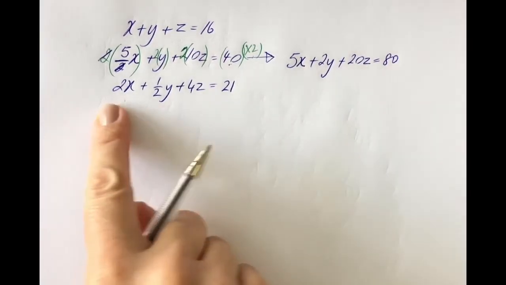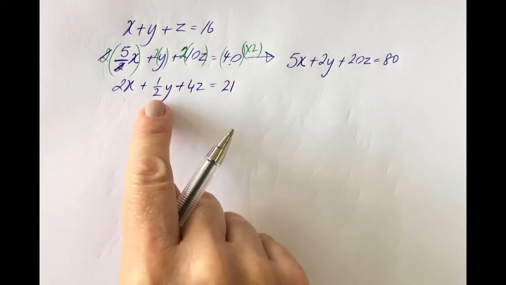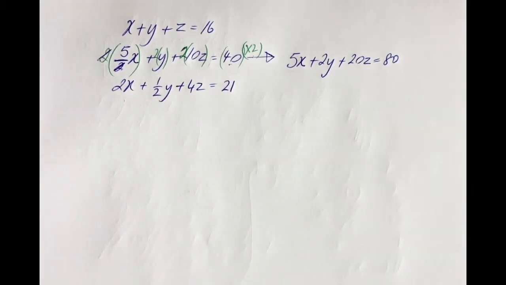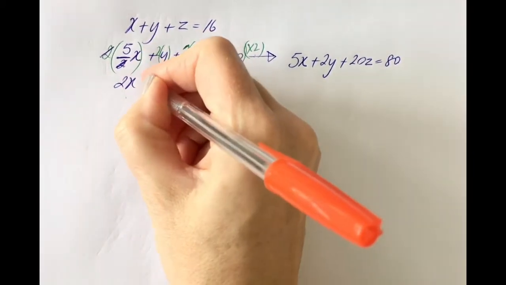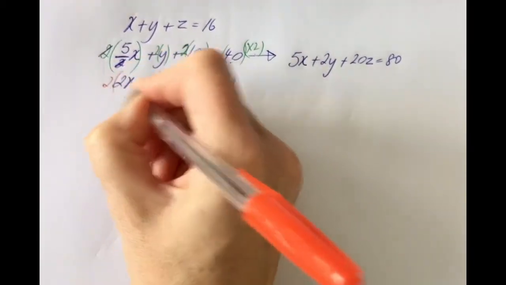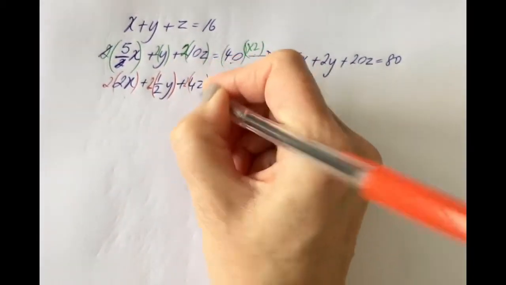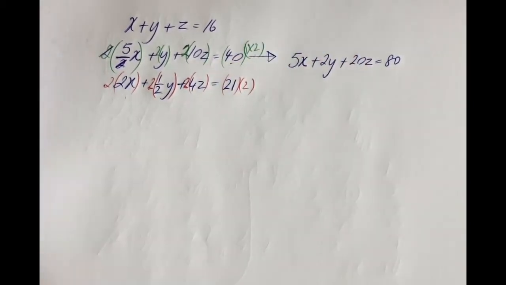So likewise down here, I have another fraction that I don't want, and again I have a 2 as a denominator, so the best way to get rid of that divide by 2 is to multiply by 2. And of course, if I want to multiply that term by 2, I'm going to want to multiply every single term by 2. Okay, so the whole line needs to be multiplied by 2.